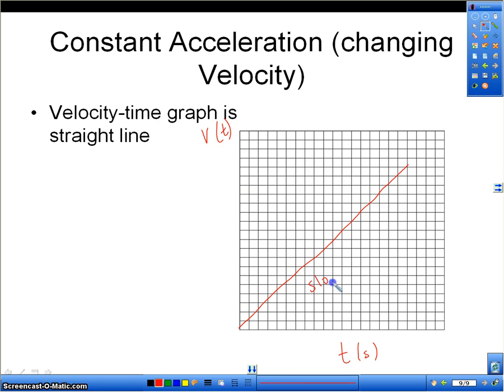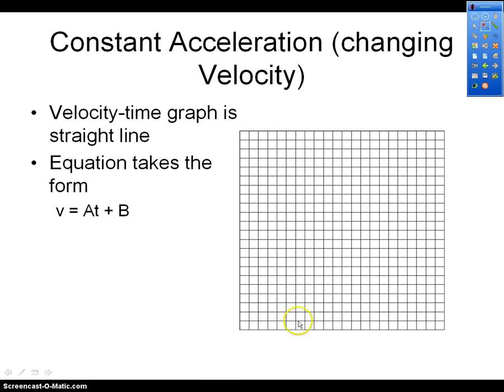The slope of this line is going to give you a unit of meter per second over seconds, which is an acceleration. So the slope of this line tells you the acceleration of the object, the rate at which its velocity is changing.